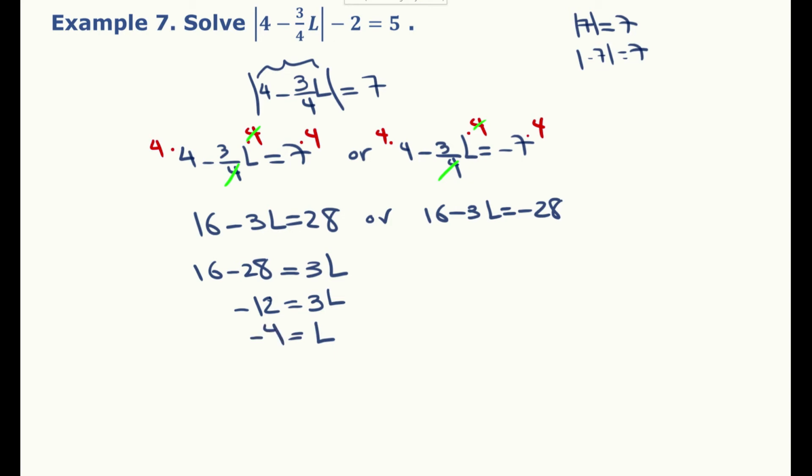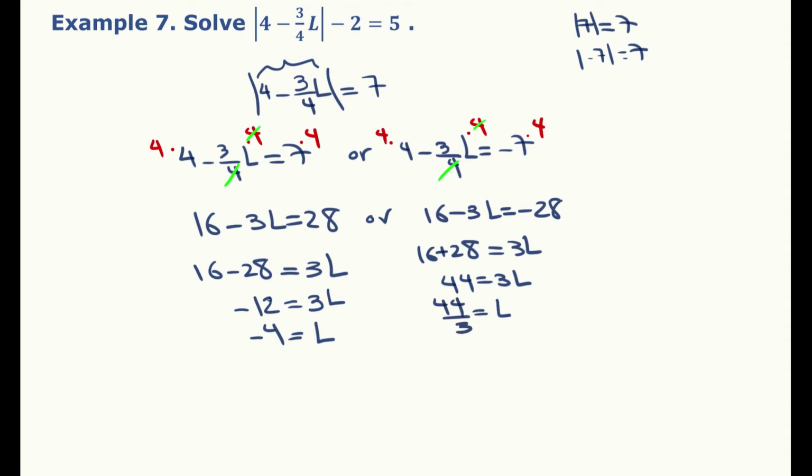On this side, we'll do the same thing. So we get 3L on the right side, and then 16 plus 28 on the left side. So that's going to be 30 and 14, so 44 equals 3L. So we get L equals 44 over 3.